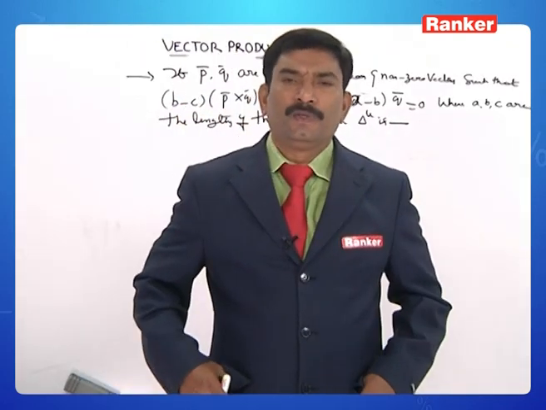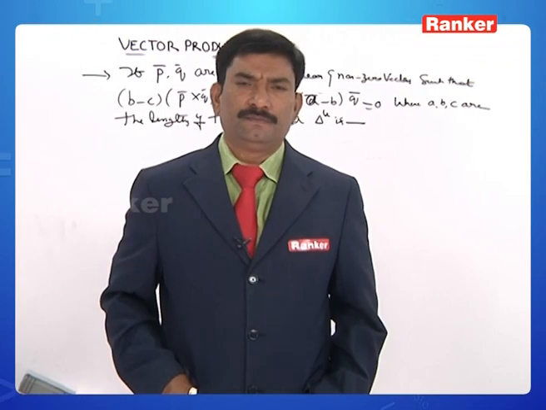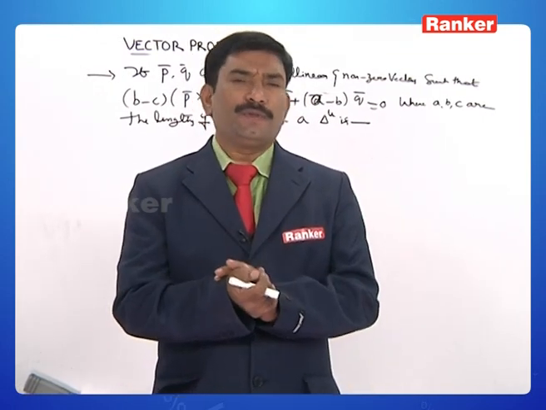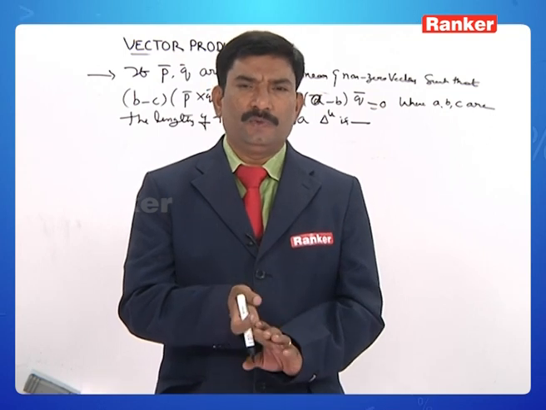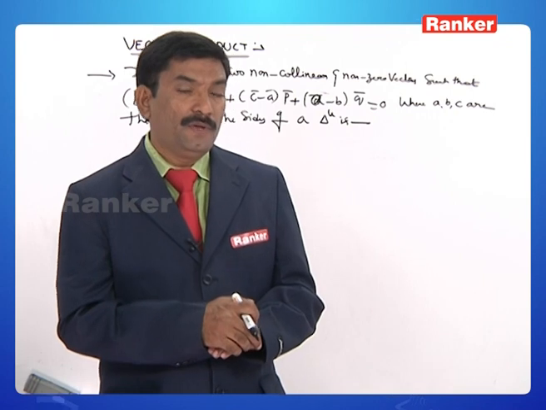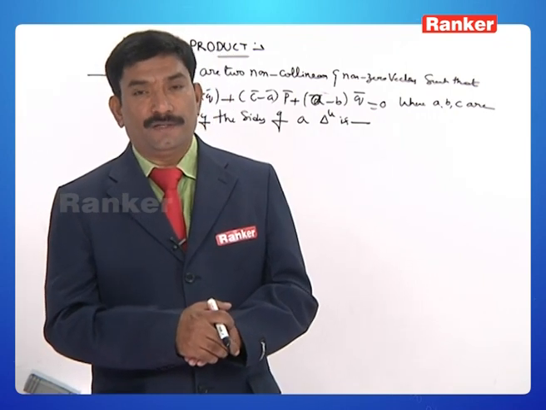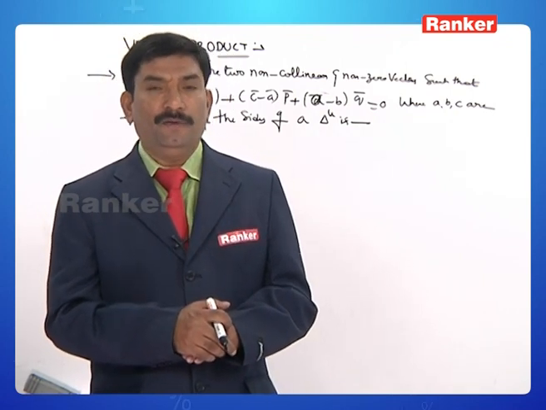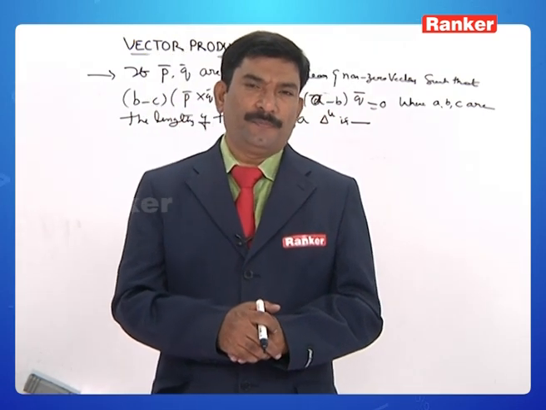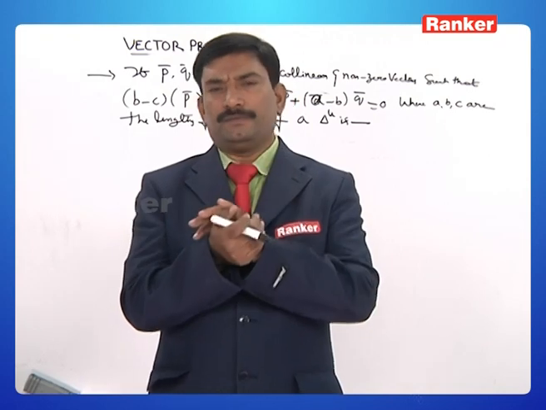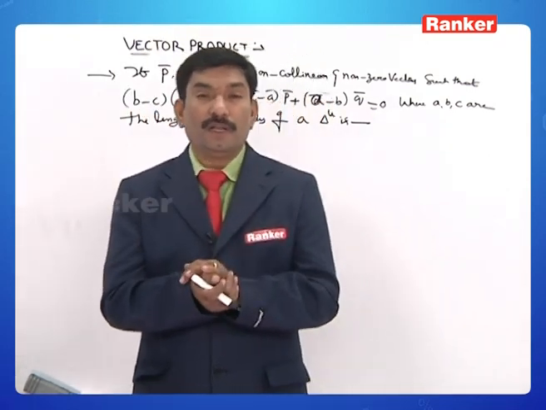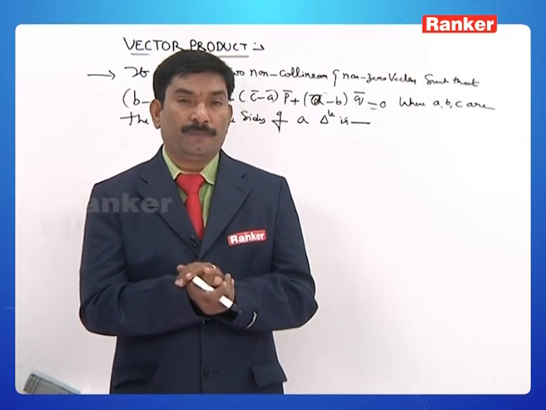Students, let us discuss the application of the cross product under the definition of non-collinear vectors, linearly independent vectors. We know that non-collinear vectors are nothing but linearly independent vectors.